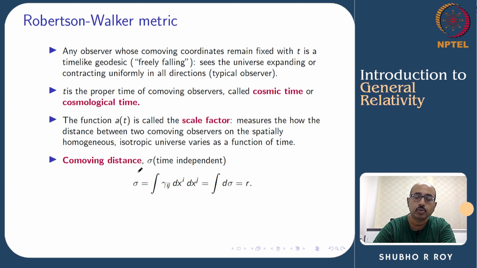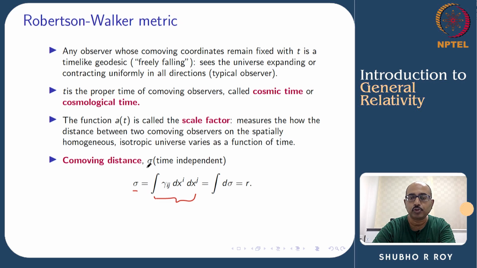So in this regard, we introduce some terminology. First is the co-moving distance, or sigma, which is a time-independent distance. It just tells you the co-moving coordinate separation between those two points. As you know, the spatial separation is given by gamma ij dxi dxj, and the integral of d sigma is sigma.